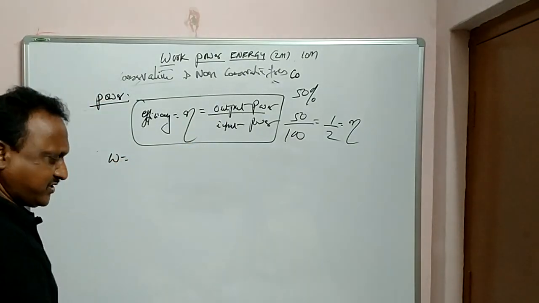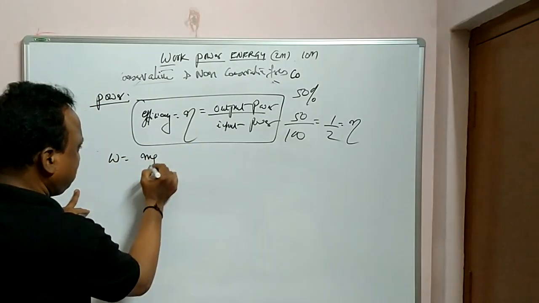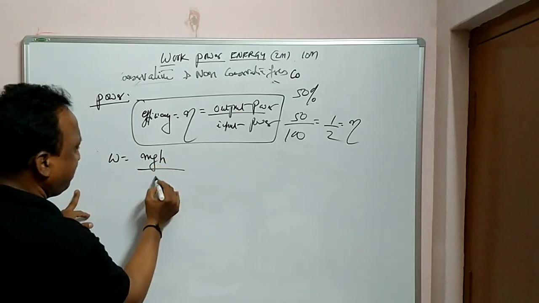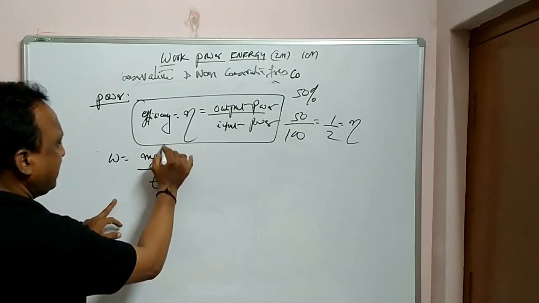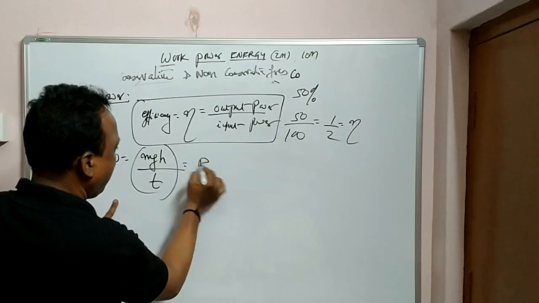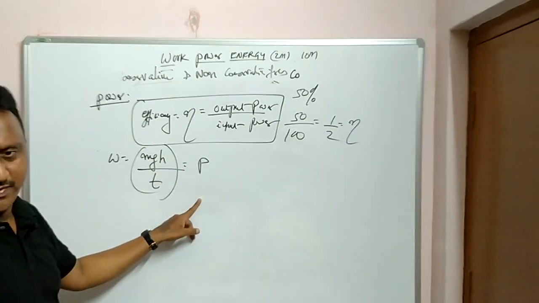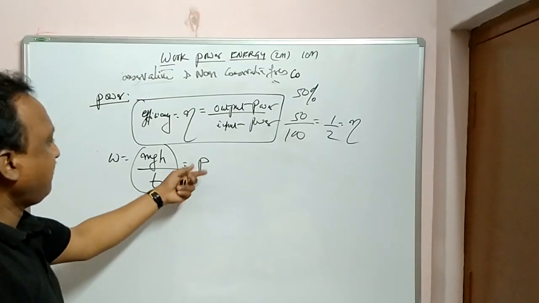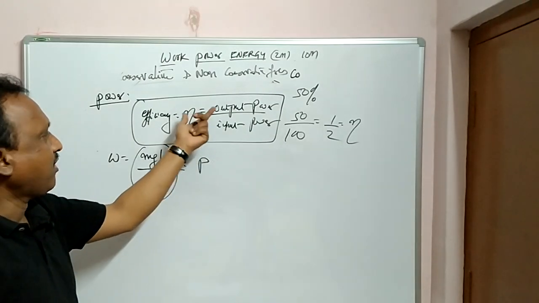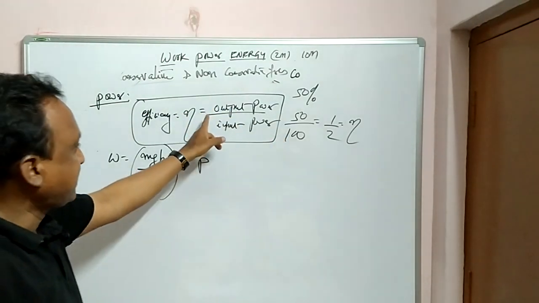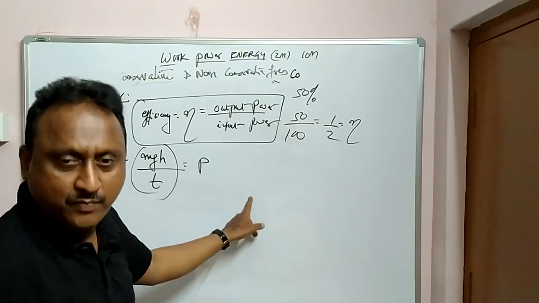W is equal to potential energy అయితే mgh by time. Work done by time. This is again equal to your power. So these are the formulas we'll be using in numericals in calculating the value of power and also efficiency. Efficiency అంటే ఏంటి? Output power by input power.